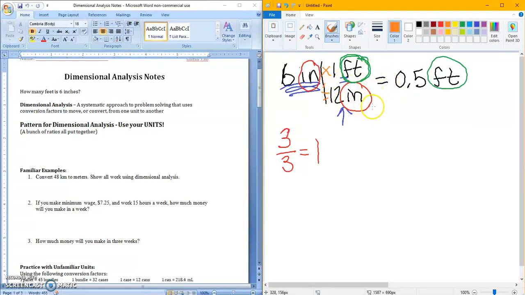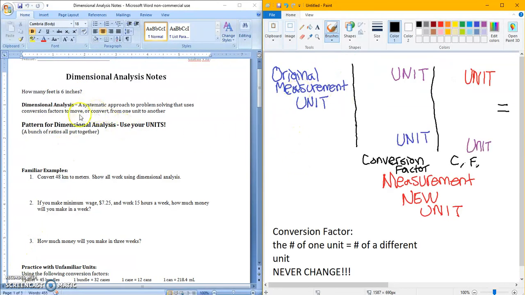All right? So let us look over at our notes and write out the pattern for dimensional analysis. So, for my pattern, I want to take the original measurement with the original units. I draw a line. Then I put the units that I'm trying to get rid of on bottom of my new ratio.